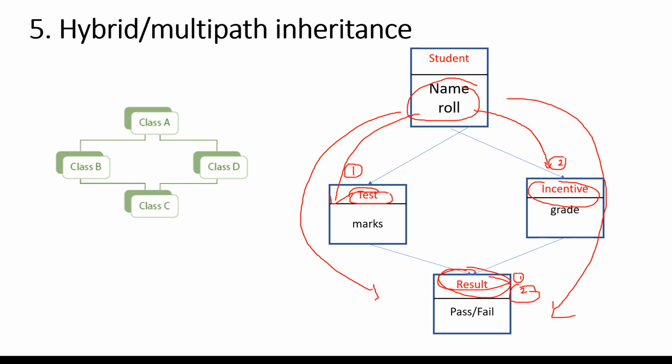So that's why in this case we need to use a virtual keyword, right, while deriving the classes. Now this virtual keyword, what it does: the compiler will take care that only one copy of the base class variables, that is for example name and roll number in this case, will come in this result class and not the two copies, right? So this ambiguity will be resolved.